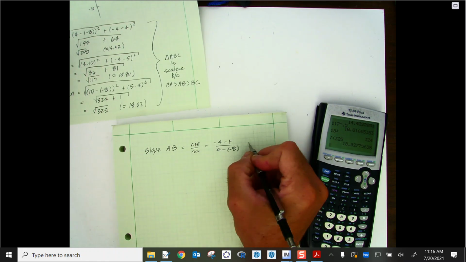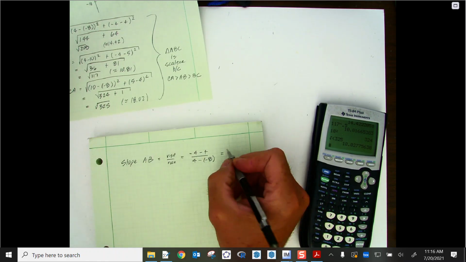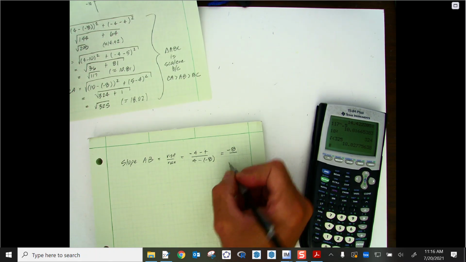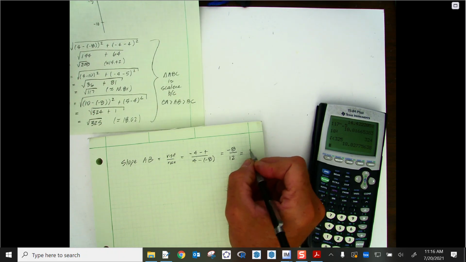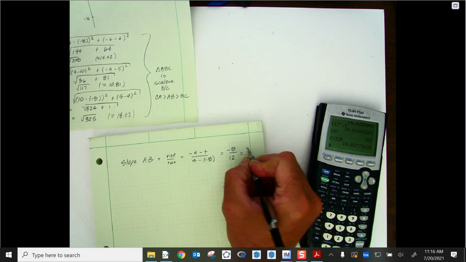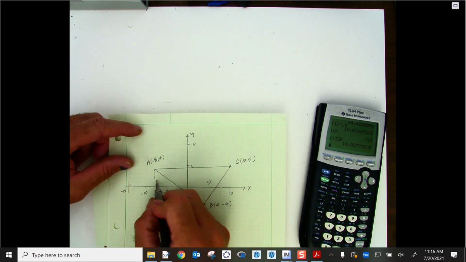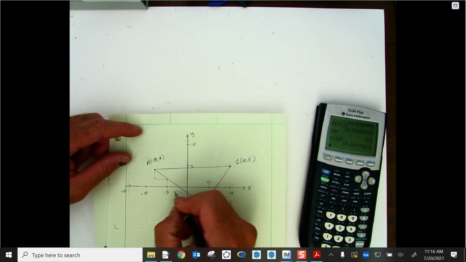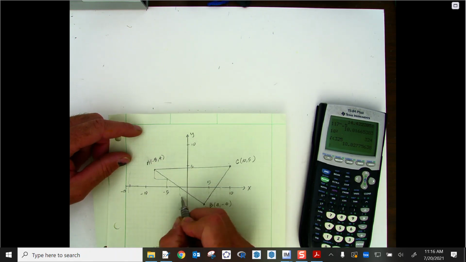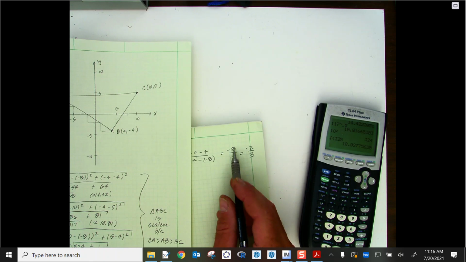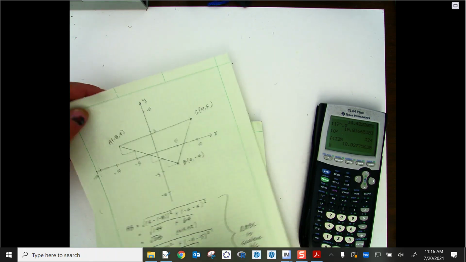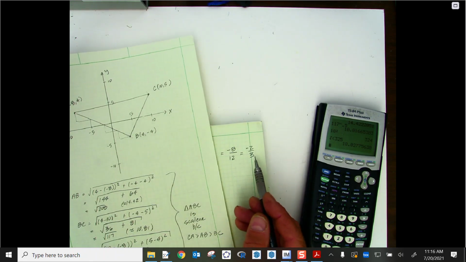So let's see what we get. We get negative 8 on top and 12 on the bottom. Dividing by 4 on both sides, it would be negative 2/3. That means I should be able to go down 2 and over 3 and get back. Yep, I can: down 2, over 3, and get back, four times. What's neat is the simplification: the 4 that I took out corresponds to these 4 iterations of 2/3 as the slope.